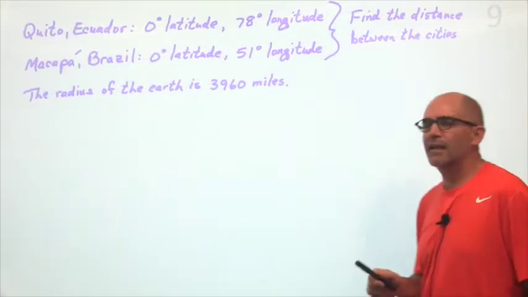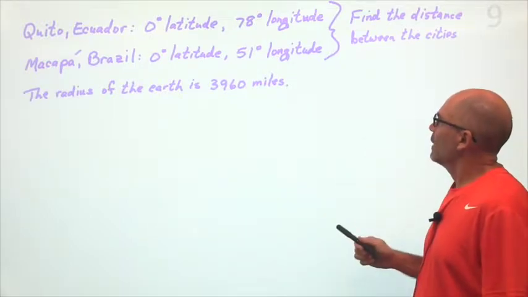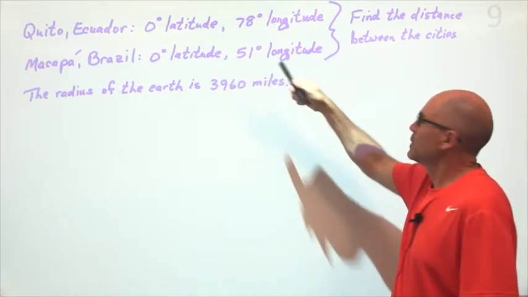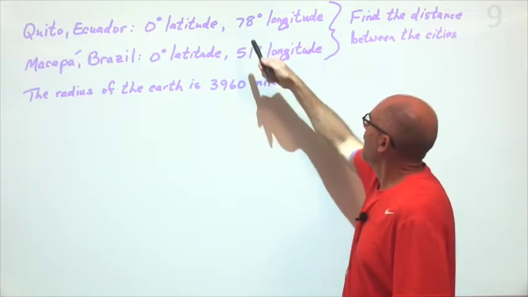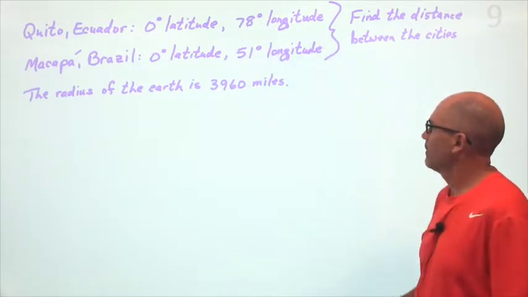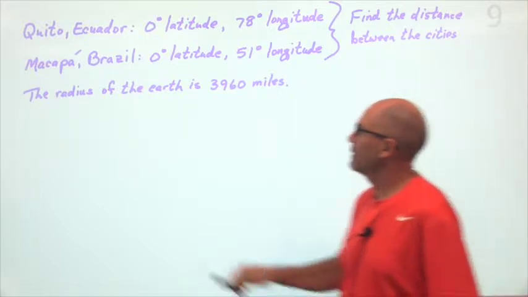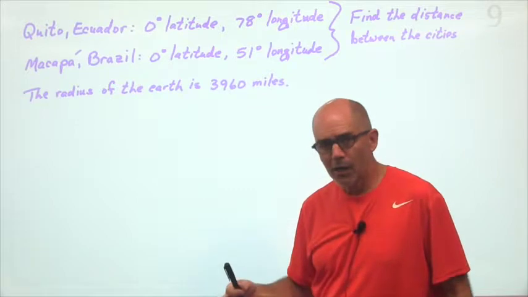This is an interesting problem. Quito, Ecuador is at 0 degrees latitude, which means it's on the equator, and 78 degrees longitude. Now, I have no idea how to pronounce this town in Brazil, but I think it's Macapá.